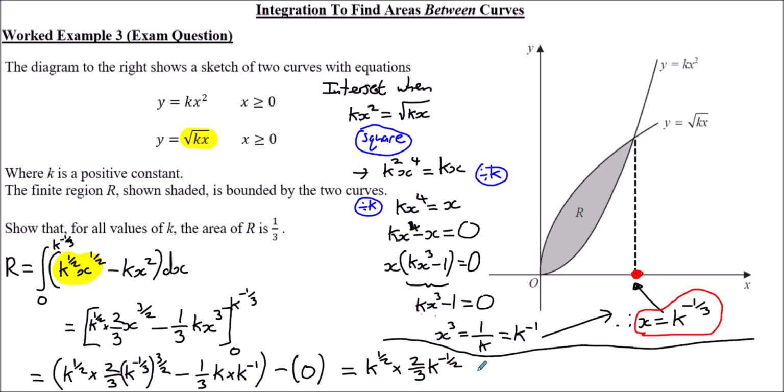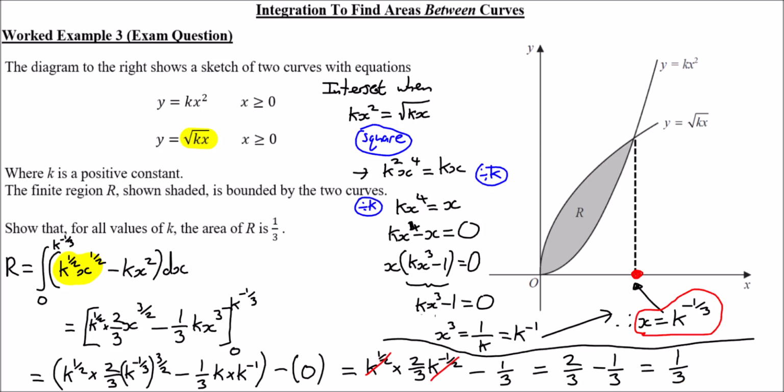Then I'm going to minus off 1/3. K times k to the minus 1 will just become a third, because k to the 1 and k to the minus 1 cancels. In the same way, this is going to happen here. K to the half times k to the negative half will cancel too. So it just actually becomes, after all of this, 2/3 minus 1/3, which just becomes 1/3.